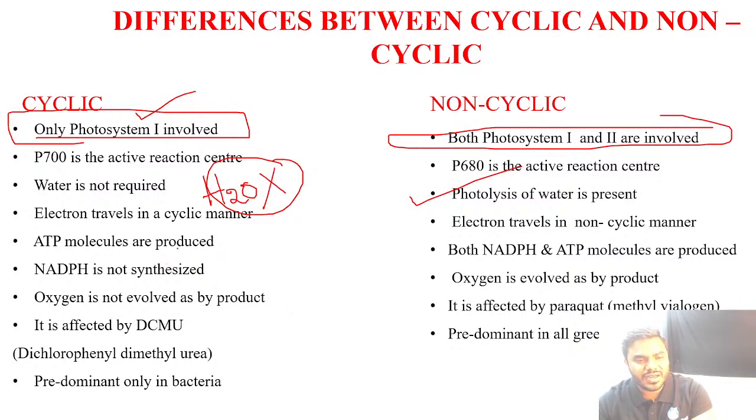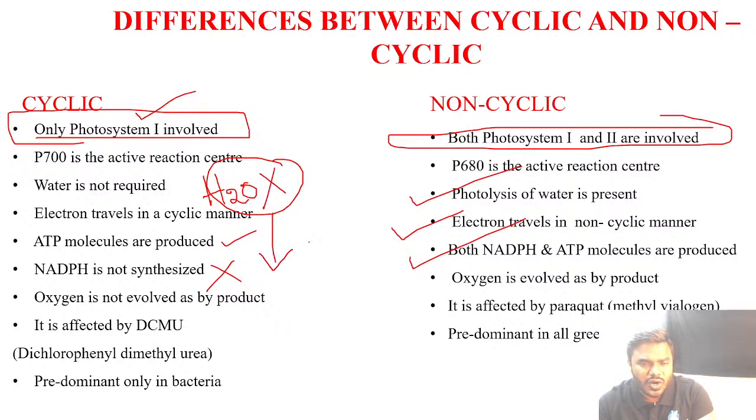That is the reason in the cyclic we can only produce ATP. We never produce NADPH. We commonly know that. But in the non-cyclic, we know very well we will produce the ATP and NADPH also.